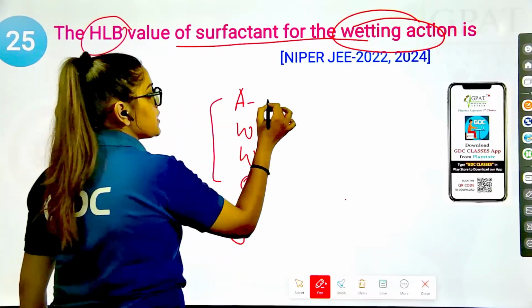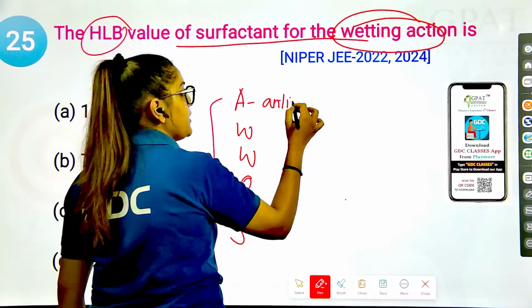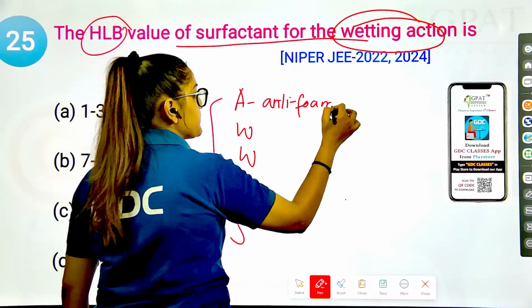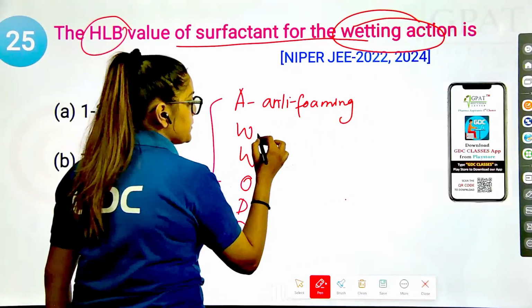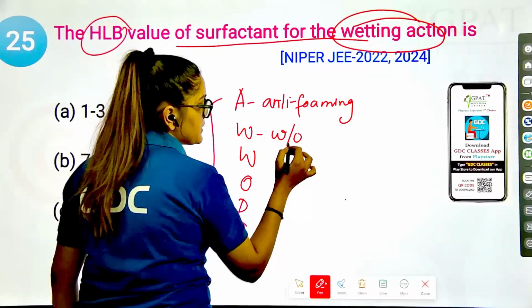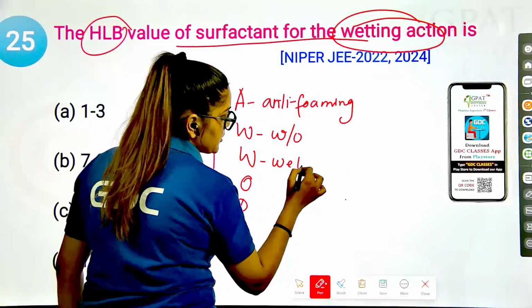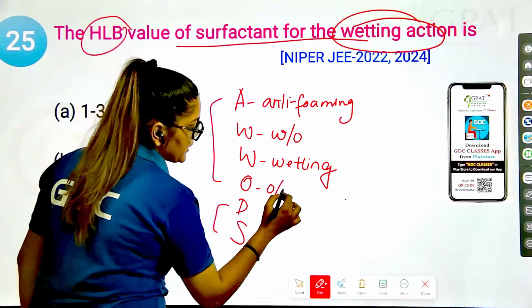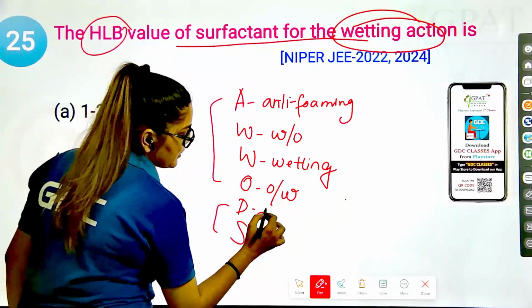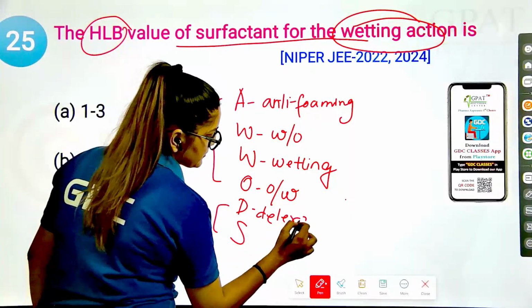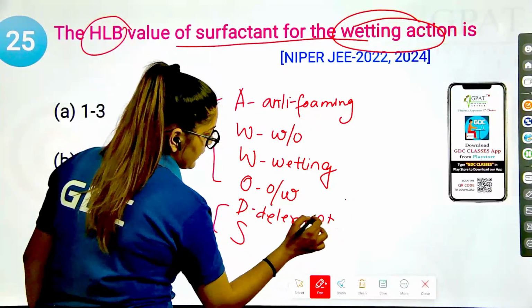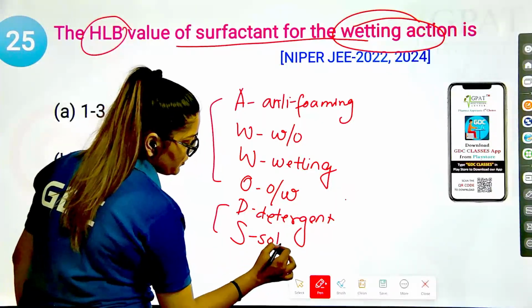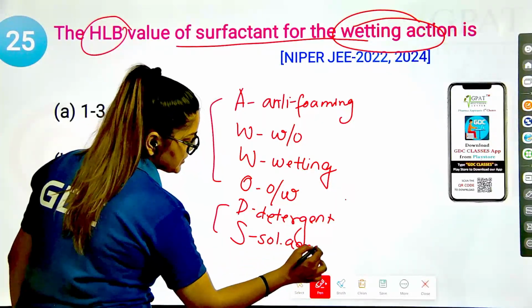So this A will be anti-foaming agent. This W will be water in oil emulsifier. The next W is the wetting agent. This O is oil in water emulsifier. D is detergent. And S is solubilizing agent.